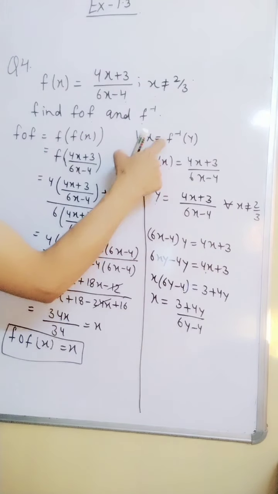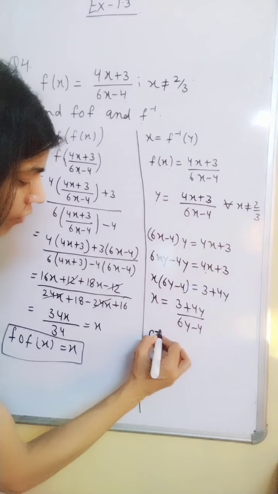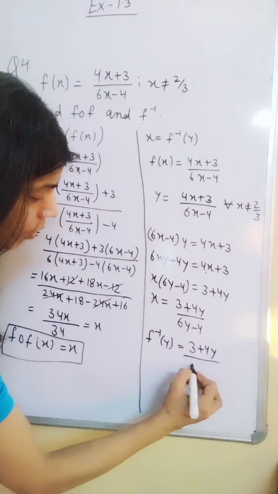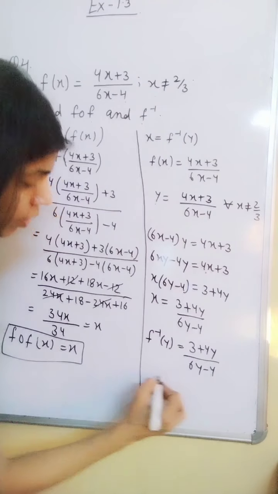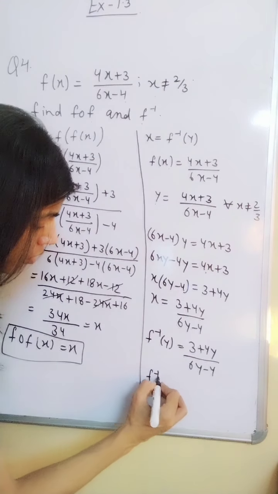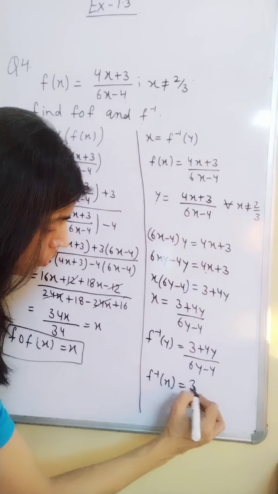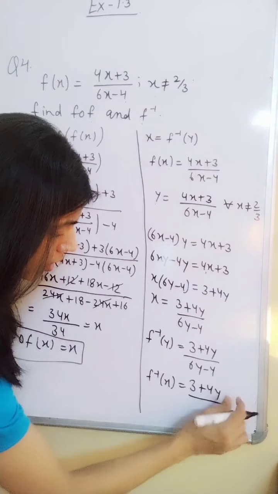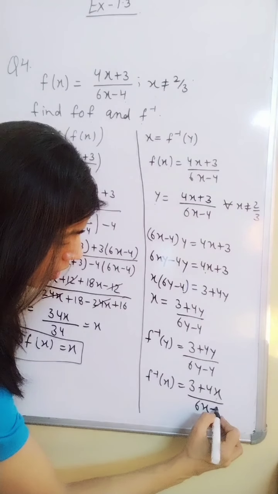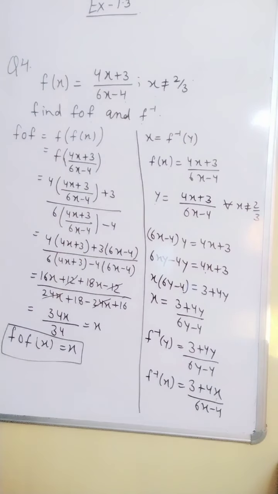Now x is equal to what? f inverse(y). So we can write f inverse(y) = (3 + 4y)/(6y - 4). Now replace y with x. So f inverse(x) = (3 + 4x)/(6x - 4), right?